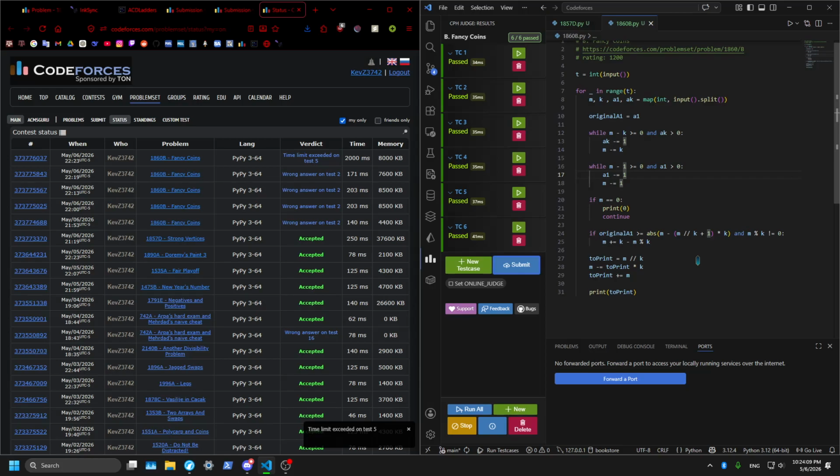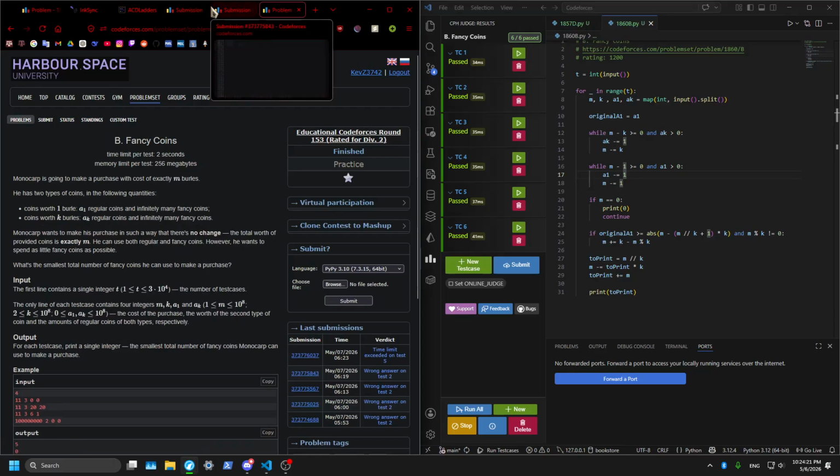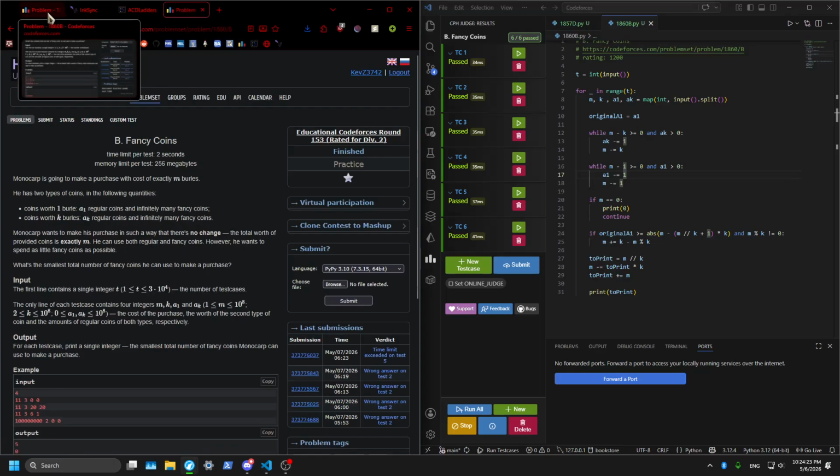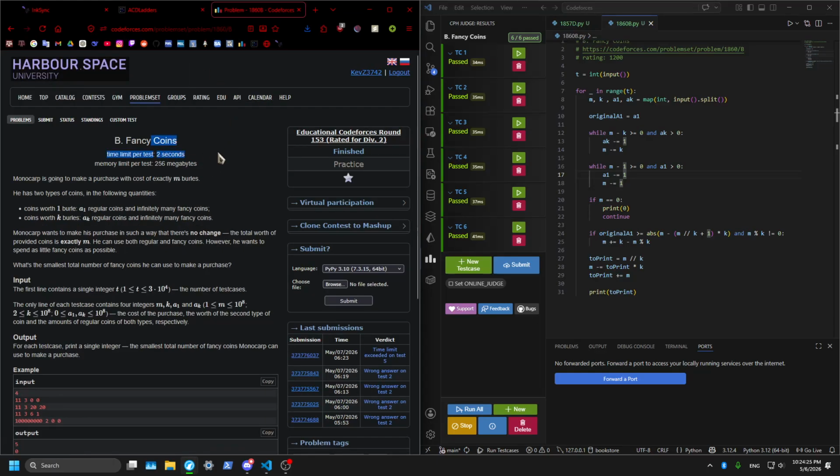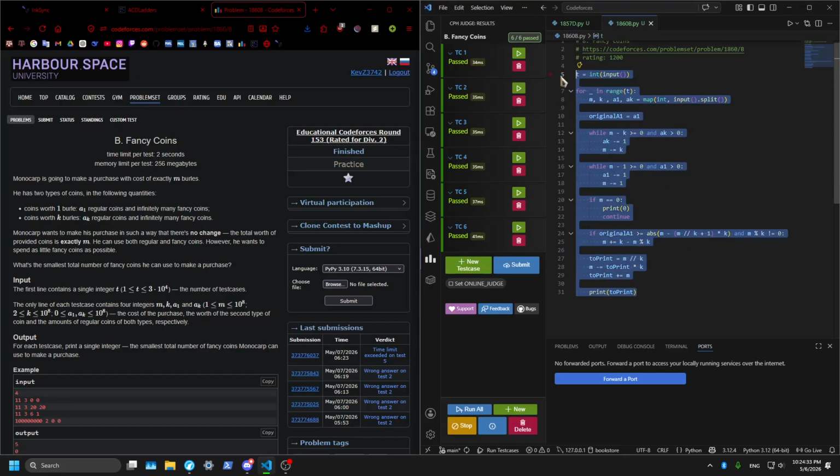TLE on test 5 means logic is probably right. But it's too slow. Oh my god. I'm given 2 seconds. What's my time complexity for this?